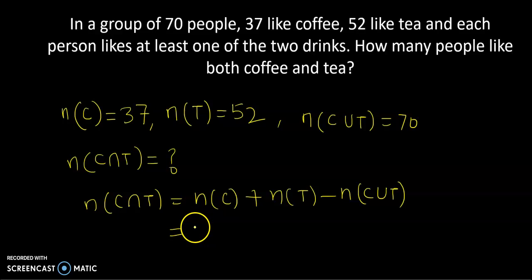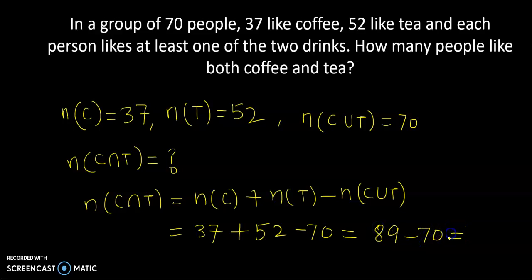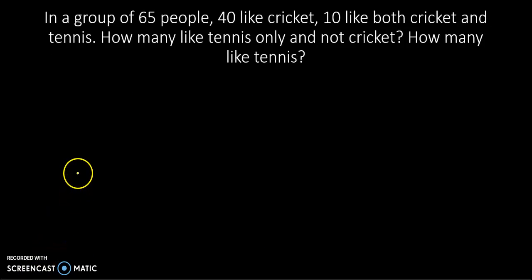Now the people liking coffee are 37, people liking tea are 52, and people who like either coffee or tea are 70. So it is 89 minus 70, and that gives you 19 people who like both the beverages. That means tea as well as coffee. Let us see the next question.